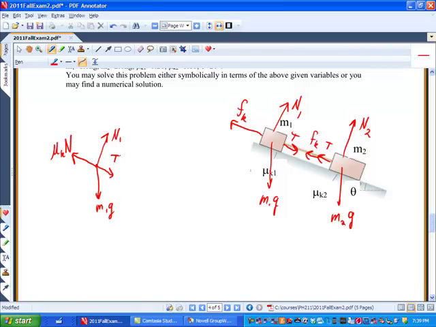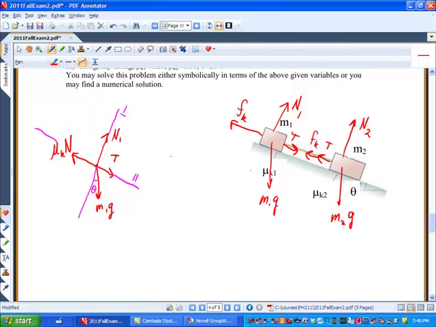Is the free body diagram done yet? No, it definitely needs axes. Needs a theta. Looks like our theta is going to be right there. Notice I chose the axes that were parallel to the surface and perpendicular to the surface.